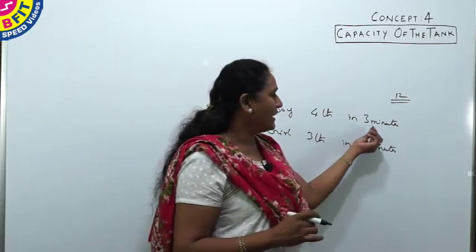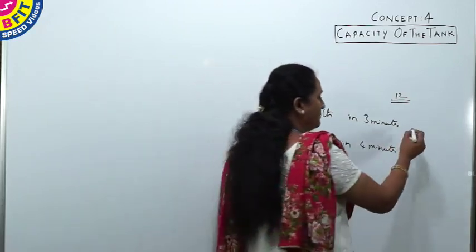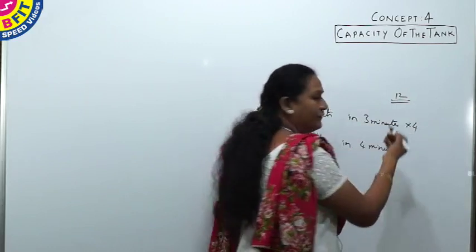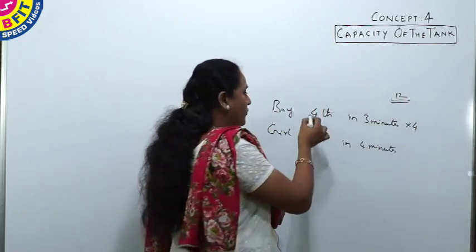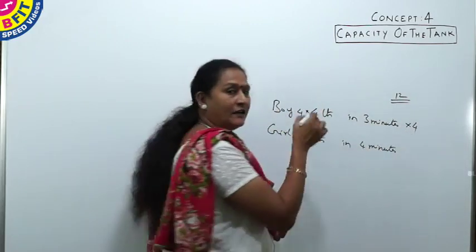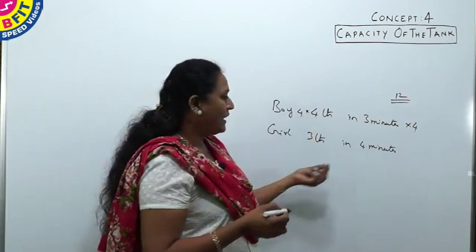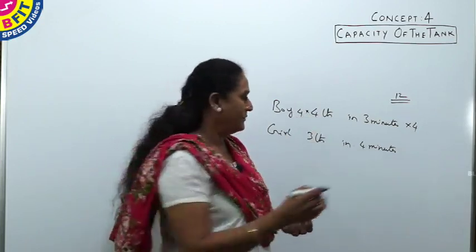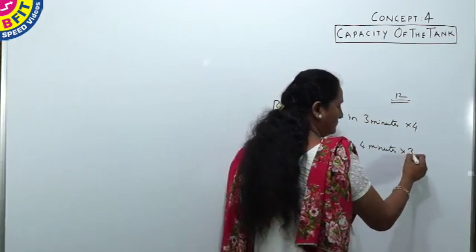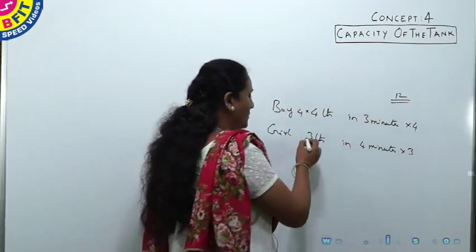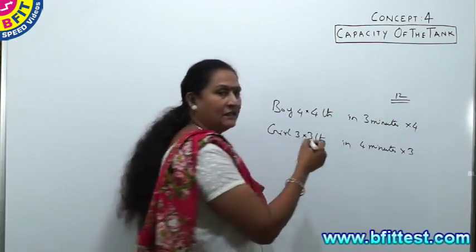Now how can we get 12 from 3? Multiplying it with 4, we get 12. And the same 4 you multiply with the work done also. From 4, how can you get 12? Multiply by 3. And the same 3 you multiply with the work done by the girl also.